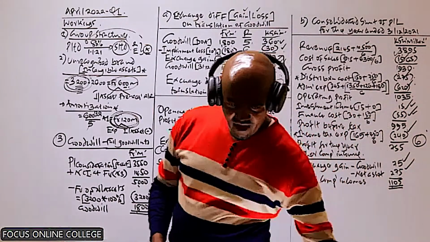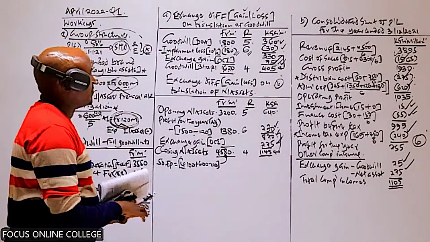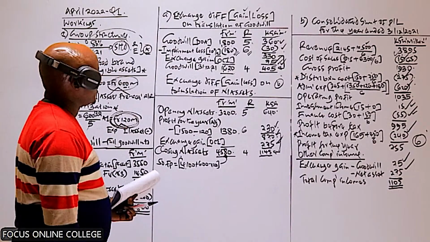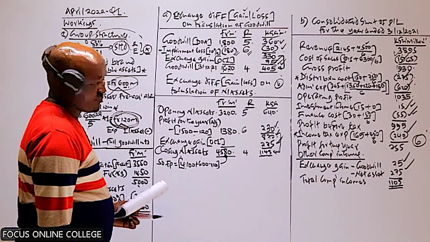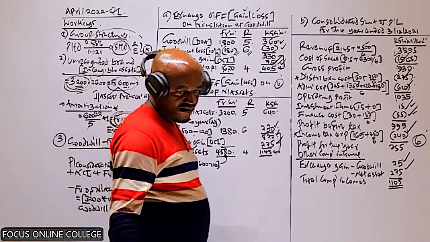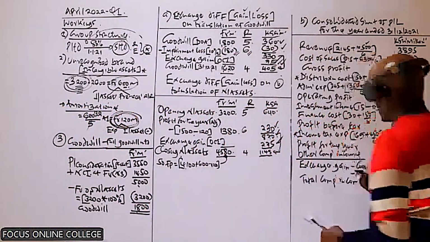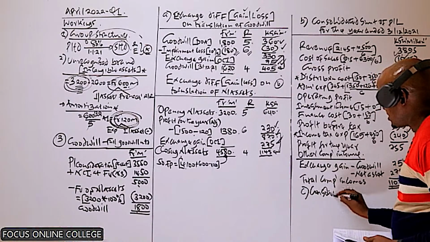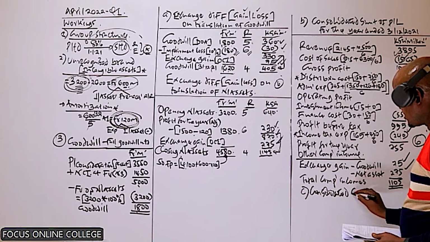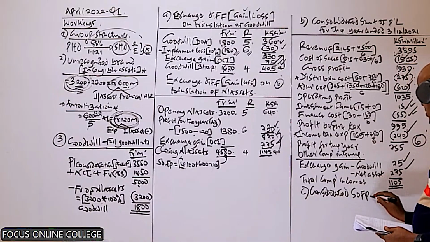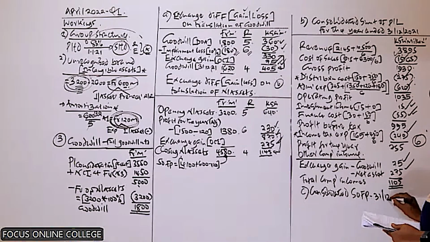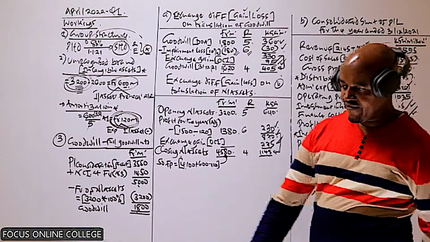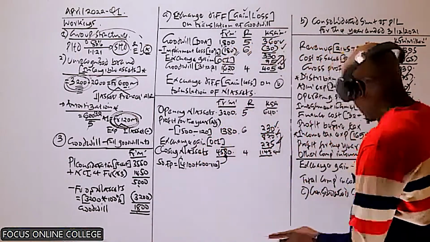So let's move to the other part of the question, part C, the consolidated statement of financial position as at 31st of December 2021.